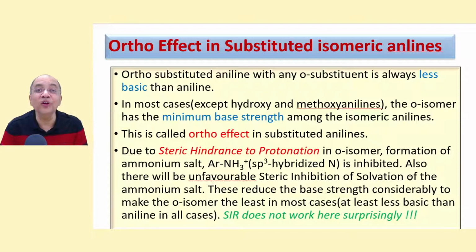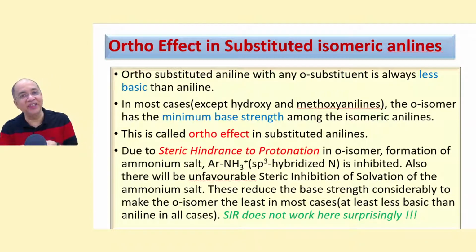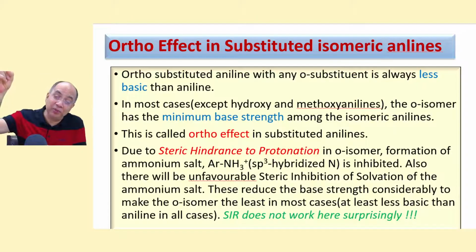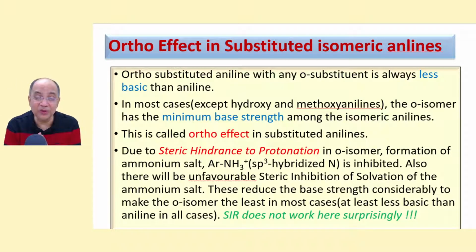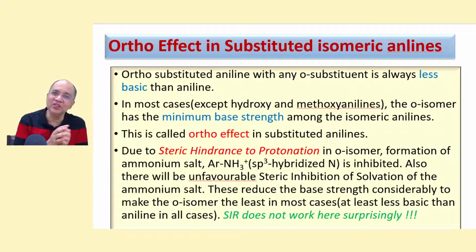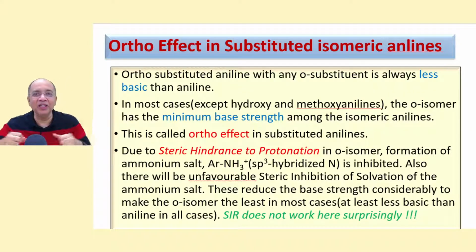Now, what is ortho effect in aniline? That's very interesting. Ortho effect of benzoic acid was centering around SIR, but there is no SIR here. This is what we say steric hindrance to protonation. There is no SIR here because the amino group is not as bulky as carboxylic acid.